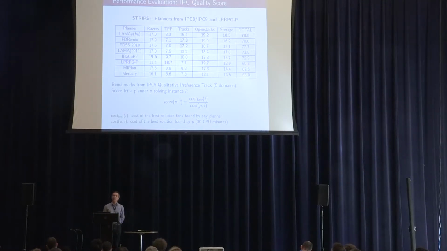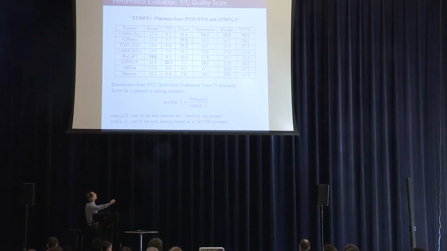We have 5 domains, 20 problems for each domain. The numbers here are IPC quality scores. And we can see that in 2 domains, the compilation approach is much better. In 1 domain, it is slightly worse, and in 2 domains, it's similar.